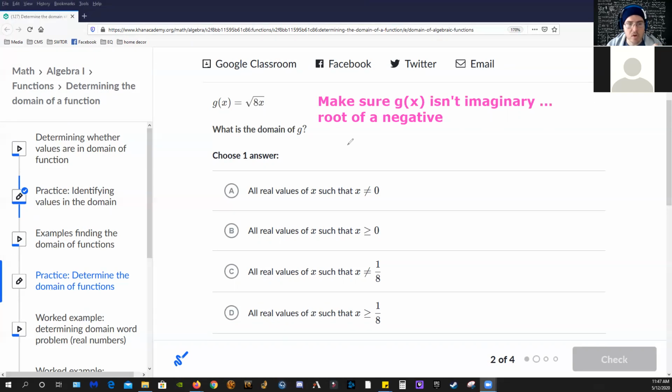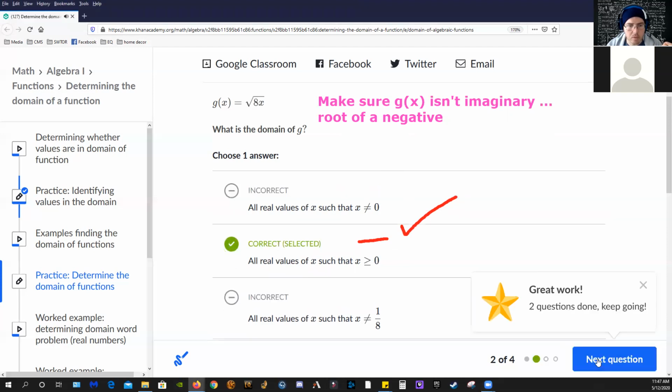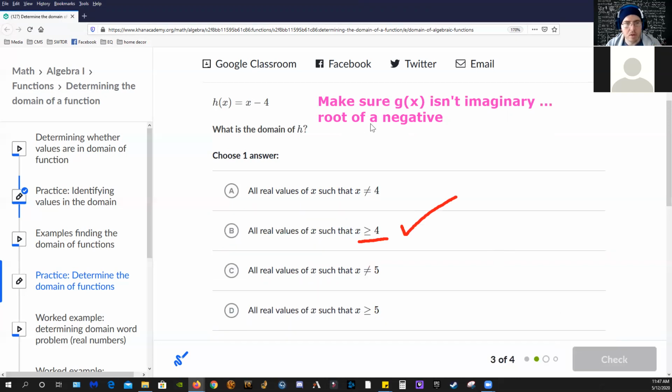Yeah, as long as x is positive, so which one of these says x has to be, yeah, I think that's the one we want. Yeah, so let's just keep it positive and we'll be good. As long as x is 0 or greater, we're fine. It won't come out to be weird.